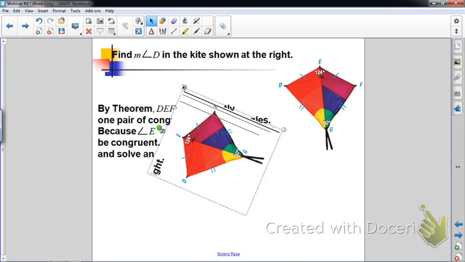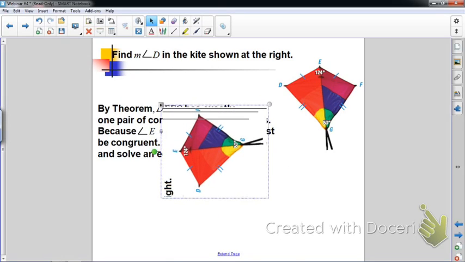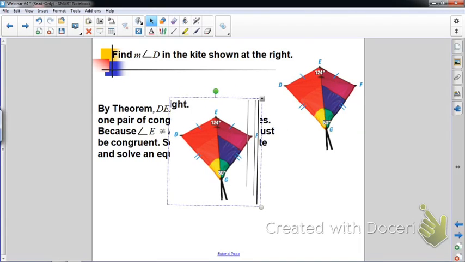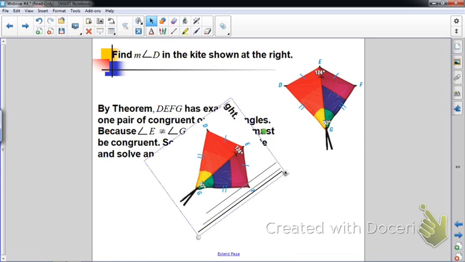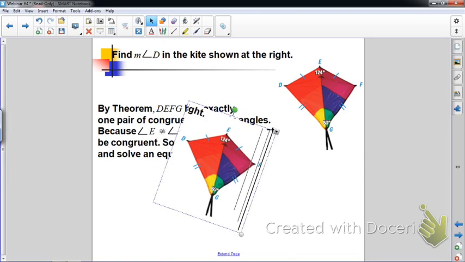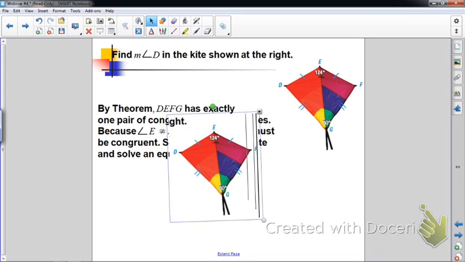And let's say that we have the kite like this. Remember the two smaller sides. Here's my longer diagonal. I could always flip it around to see it vertically and horizontally. I could always flip it this way. I'm going to let you try to figure out how to see this.